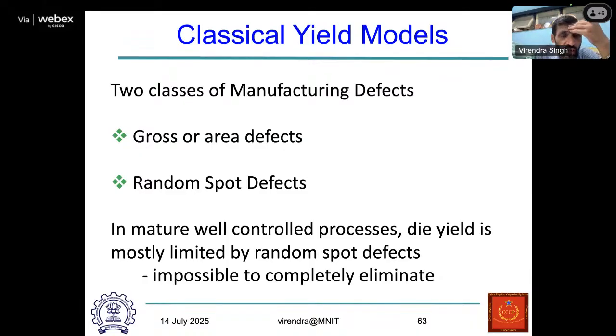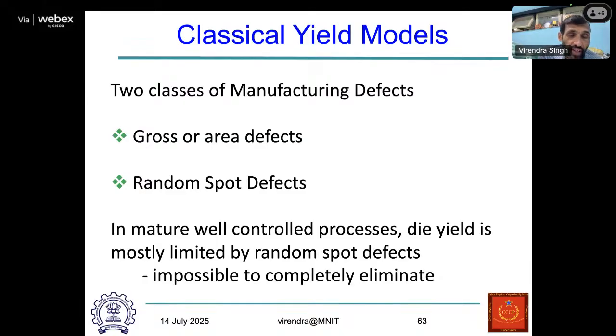Another one is random defects. Random defects are on-and-off defects occurring because of other issues. For example, when you are manufacturing, if some dust particle is in the environment and sits wherever you are laying down the wire, it may create a discontinuity in the wire, and those are random defects.